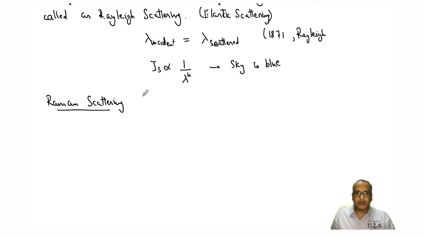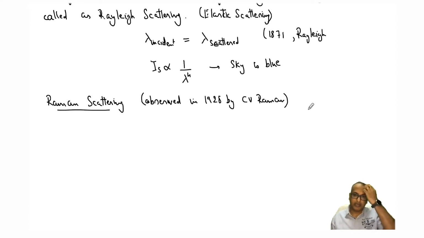This was observed in 1928 by C.V. Raman, a name which does not need any introduction, right? And he got the 1930 Nobel Prize for this. Okay, so what does Raman scattering say?